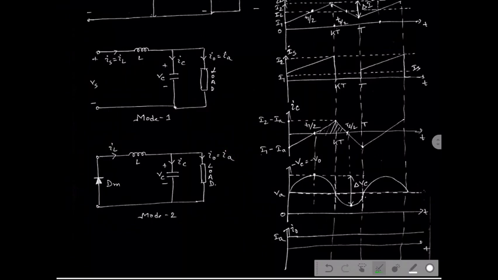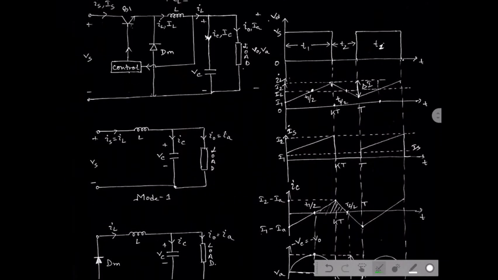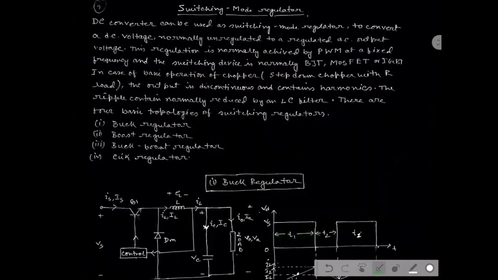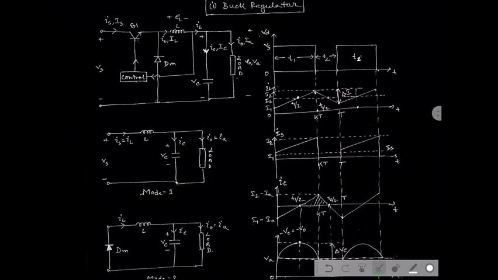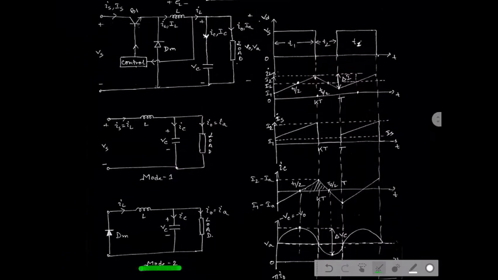The operation can be well defined by the waveforms. The first mode of operation is conducted for the time duration T1 and the second mode of operation is conducted for the time duration T2. When the switch is on, the current starts flowing to the inductor and to the load.